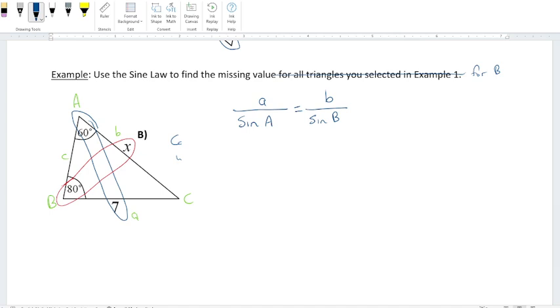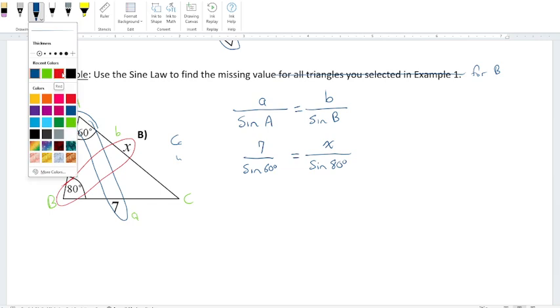So A is 7. So 7 over sine of 60 degrees is equal to x over the sine of 80 degrees.